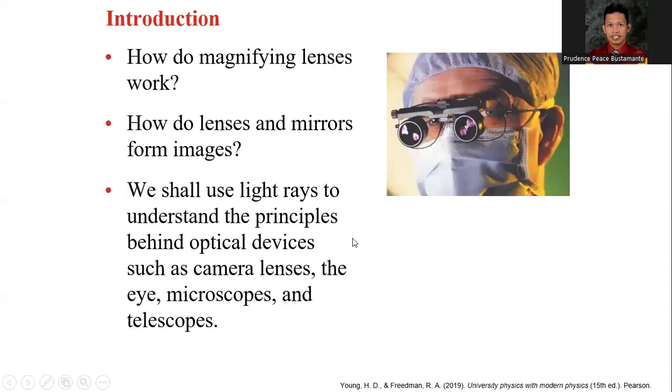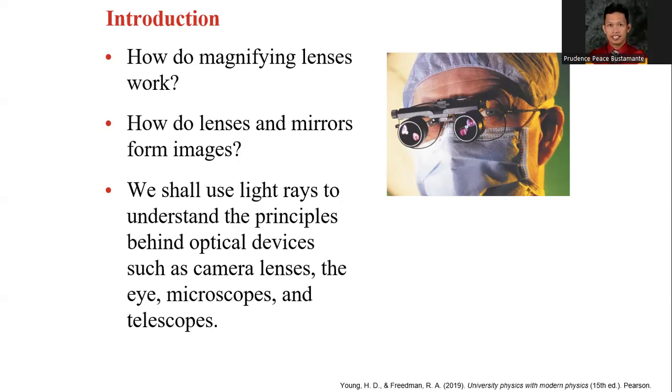So how do magnifying lenses work? If you don't have an idea of that, here we're going to discuss that in this chapter. How do lenses and mirrors form images? These are the questions that we're going to answer.